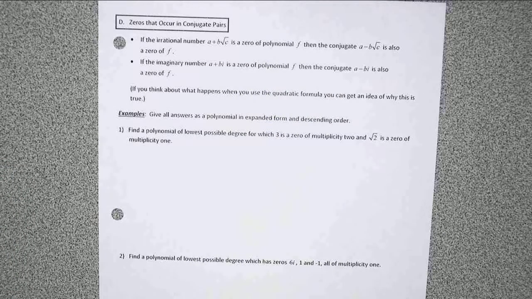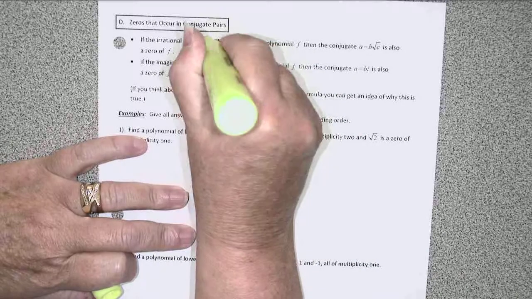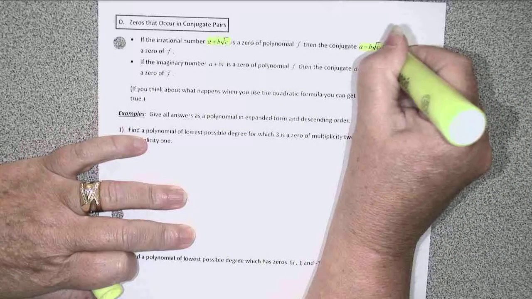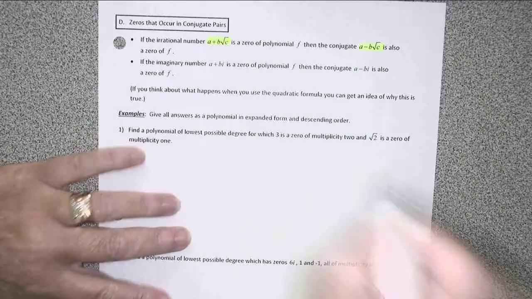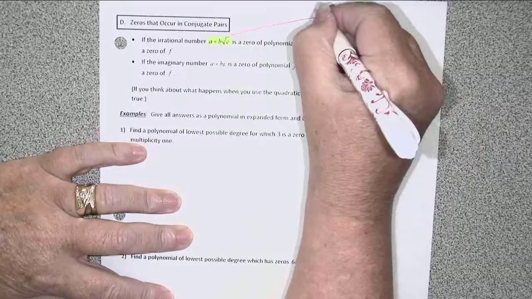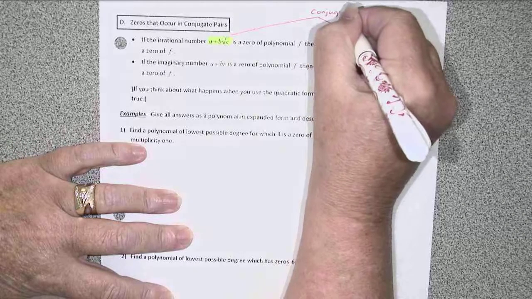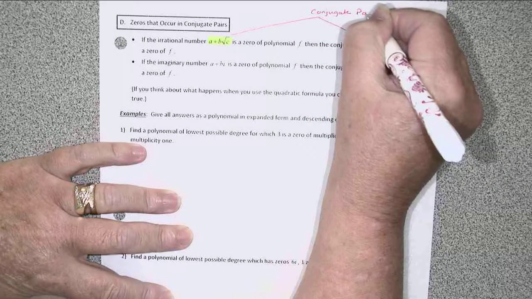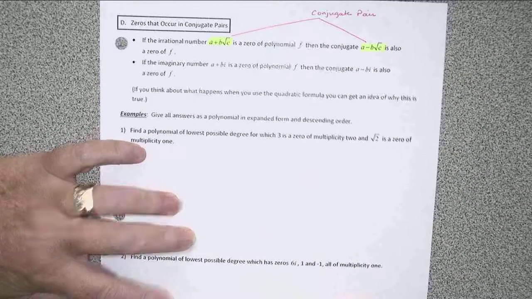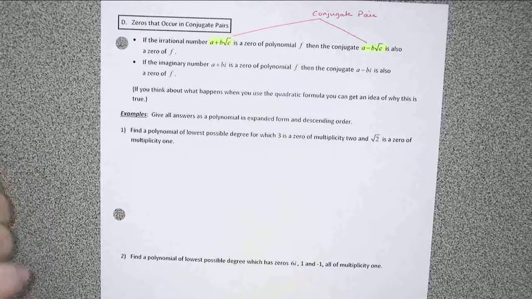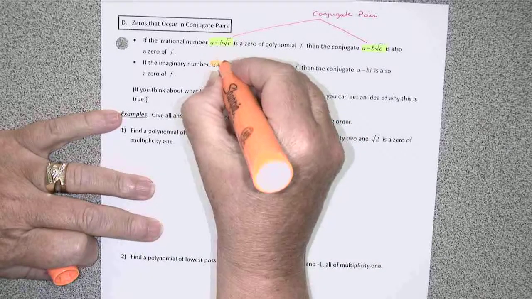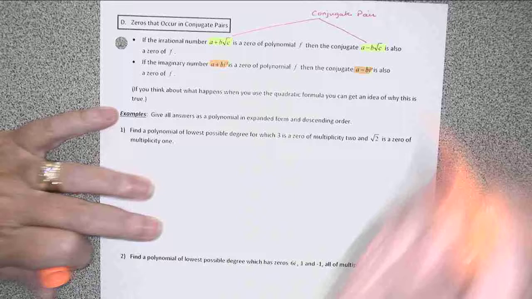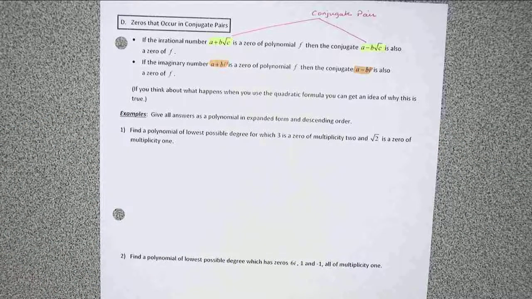So these are what we call conjugate pairs. A plus square root of c and a minus square root of c are a conjugate pair. Similarly, a plus bi and a minus bi are called conjugate pairs.